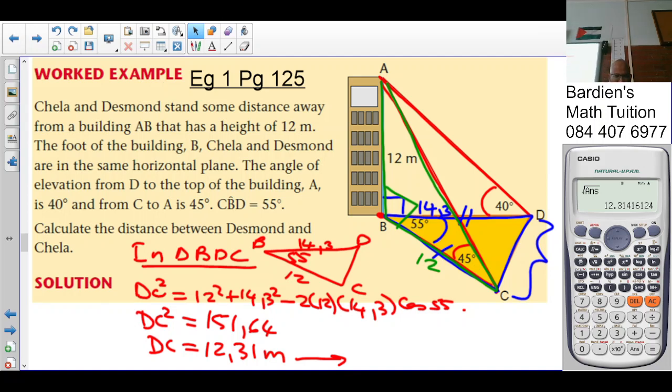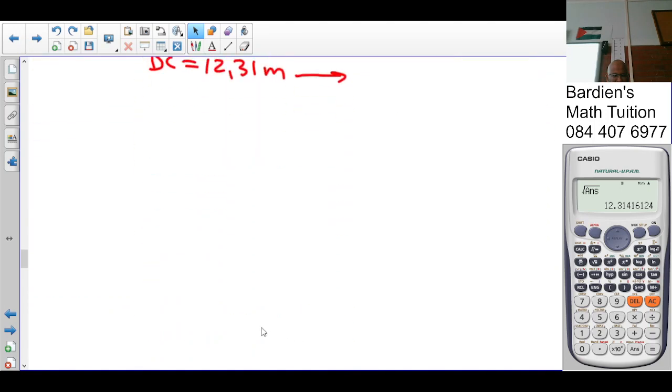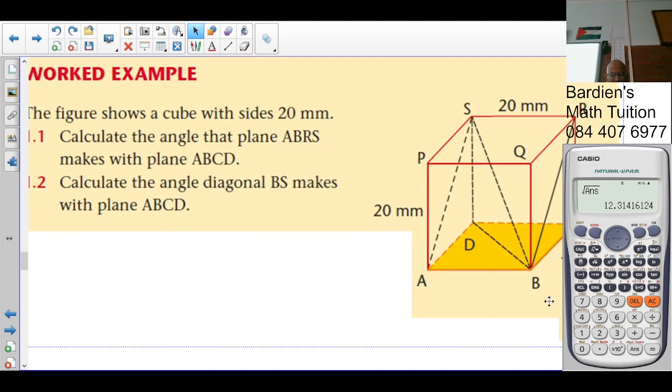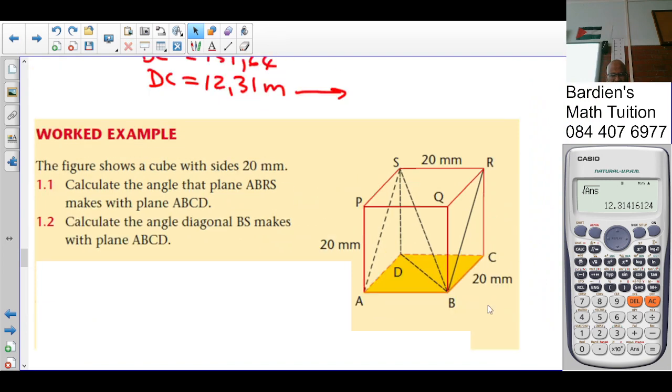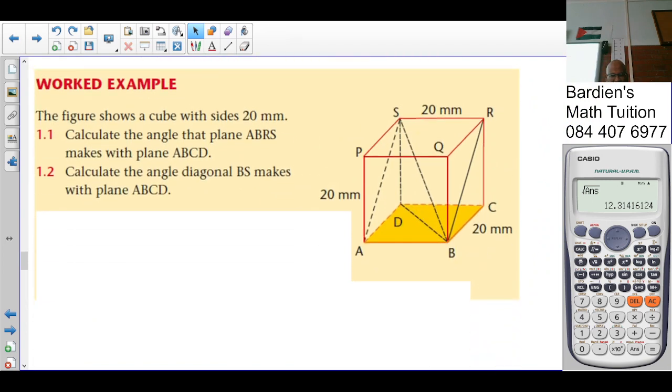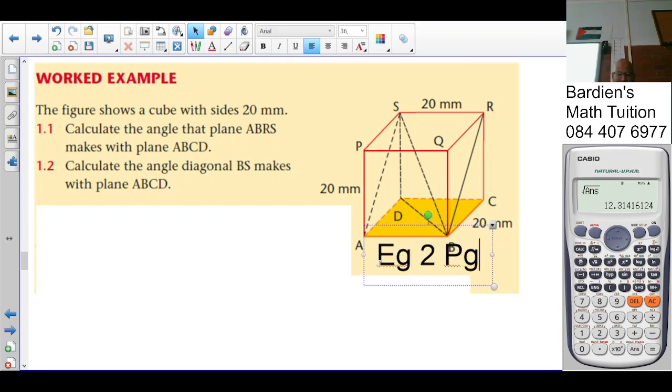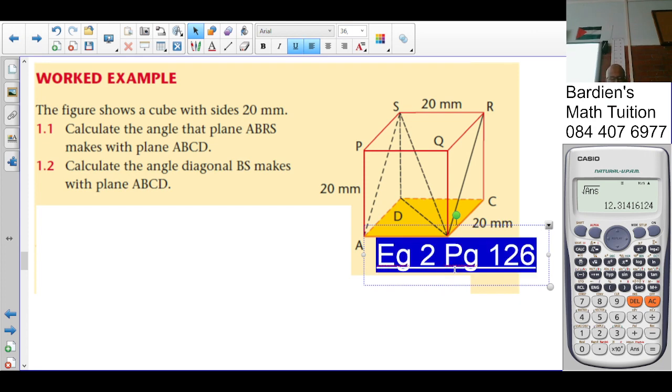You're looking at worked example 2. So page 126, you're looking at example 2.